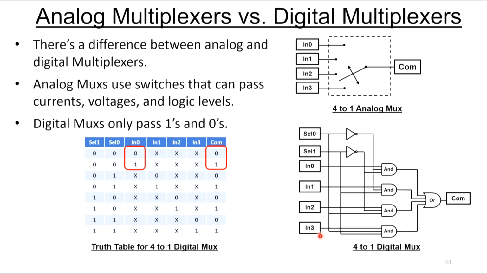So I show a representation of how you might make a digital MUX down here. For example, if you use the select bits to pick channel 0, whatever is sitting on input 0, a 1 or a 0, shows up on the COM pin, no matter what the other bits are. So I just wanted to make the distinction between analog MUXes and digital MUXes.